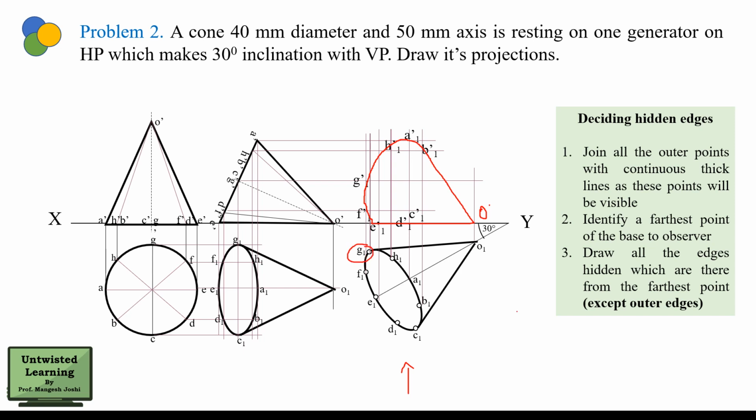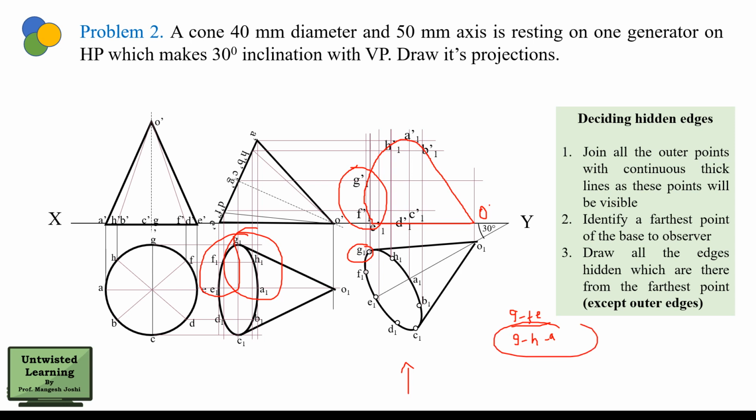Okay, so G, F and E is the half curve, and on the other side G, H and A. This is the first half curve, this is the second half curve. Okay, so just check whether GFE is on the outer edge. So yes, GFE is on the outer edge.